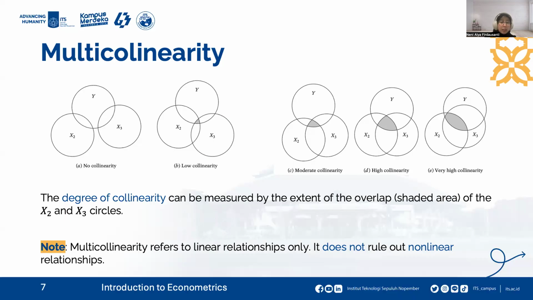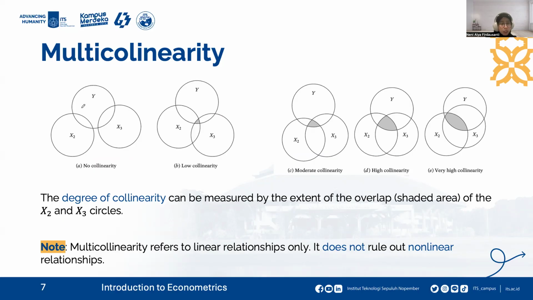This degree can be measured by the extent of the overlapping shared area. Think about this graphically in regression: let's say we have y, our response variable, and we assume y is affected by x2 and x3.